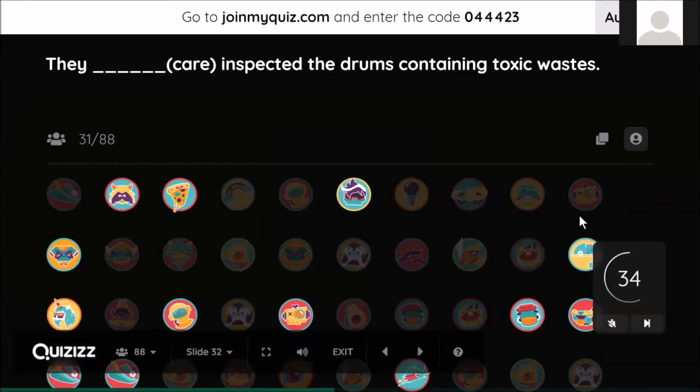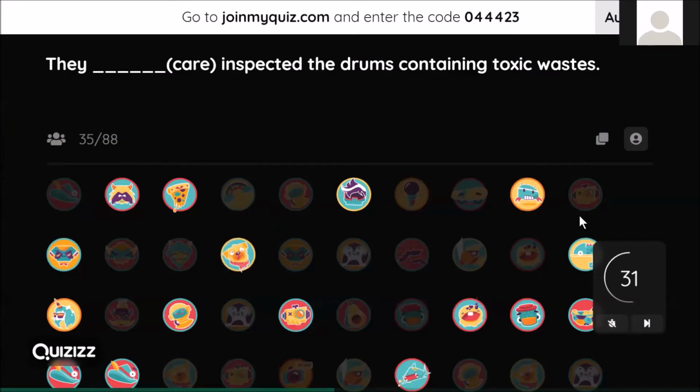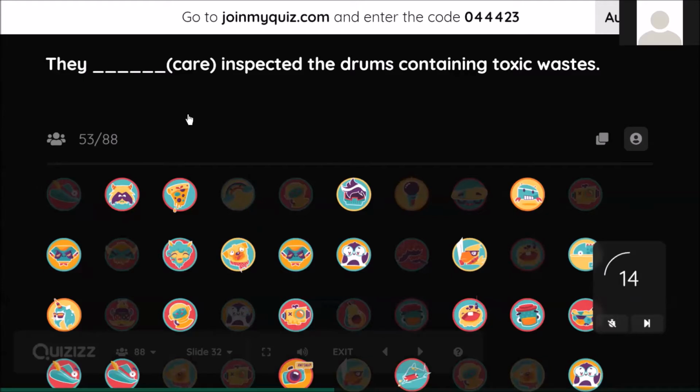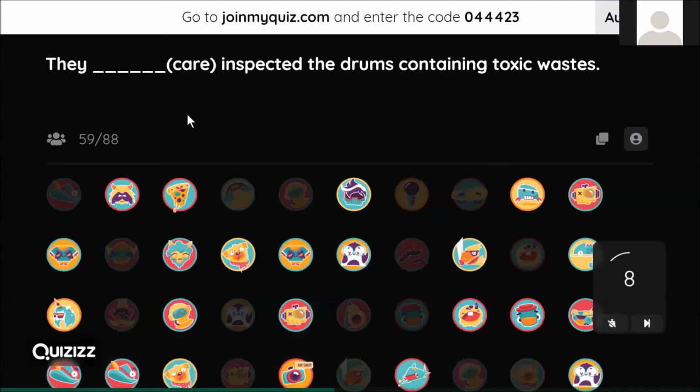Okay, they inspected the drums containing toxic waste. Look at this sentence. Is it missing a noun? Is it missing a verb? No. The sentence itself is actually quite complete already. So when the sentence is complete, 那句子已经完整了。你看这空格是形容什么字的？形容 they 吗？还是形容 inspected？它形容 they 或形容 inspected？Okay, it is describing inspected.